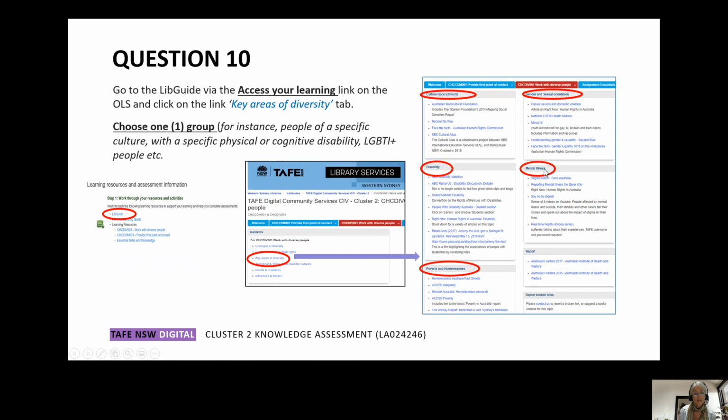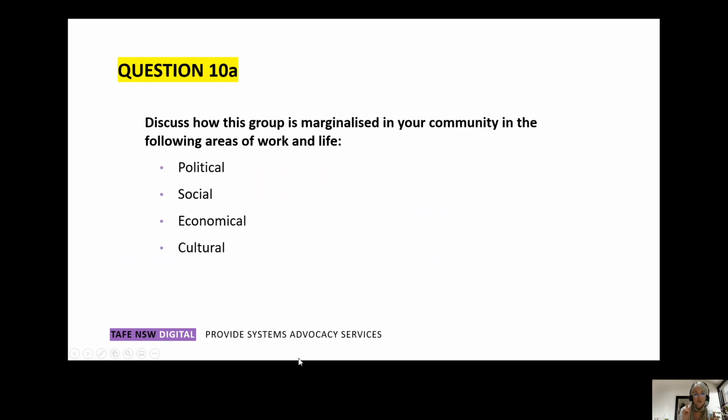You might research people with mental illness, you might research transgender community, you might research people with a disability. Choose one group. And at the beginning of your answer, make sure you identify the group, because quite often students just go straight into question A and start to talk about how that particular group that they've researched has been marginalised, because this is the question you're being asked.